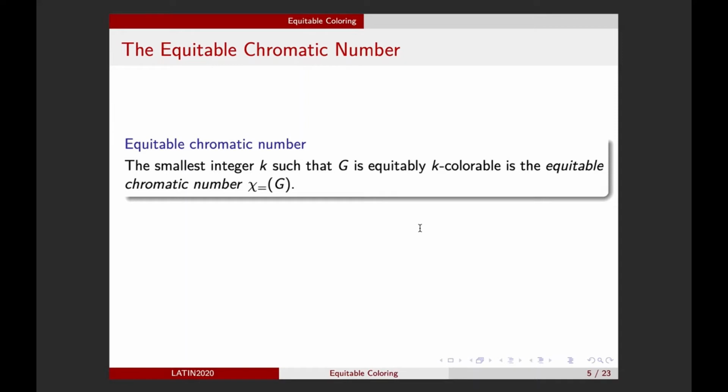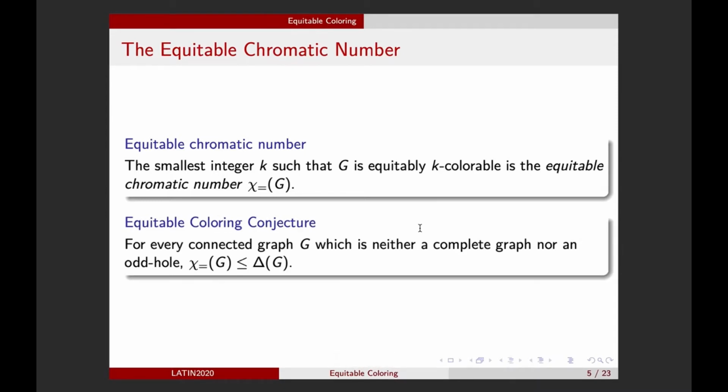A graph has equitable chromatic number k if k is the smallest integer for which we can find an equitable k-coloring of the graph. We also have a big conjecture, open for a long time, which is Brooks' theorem for equitable coloring: the equitable chromatic number is at most the maximum degree of the graph, except for complete graphs and odd holes.